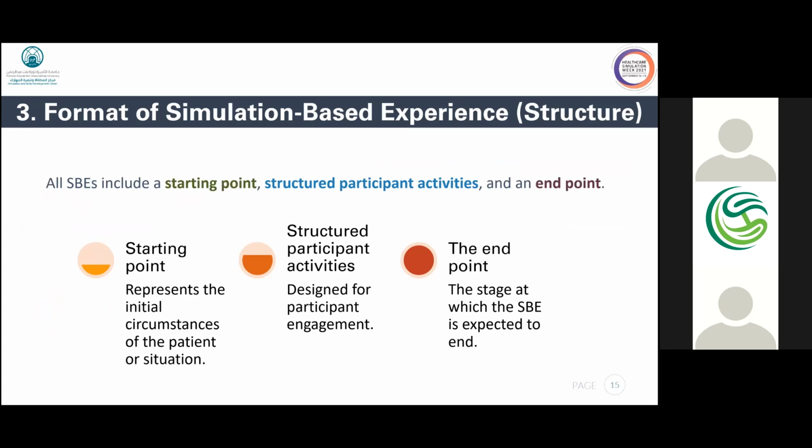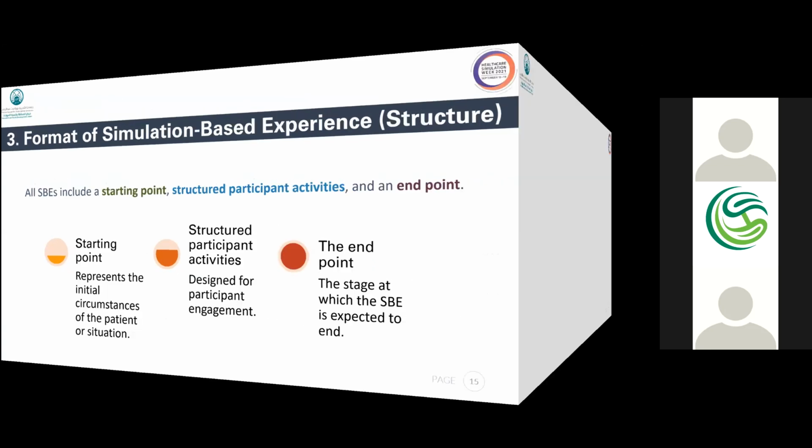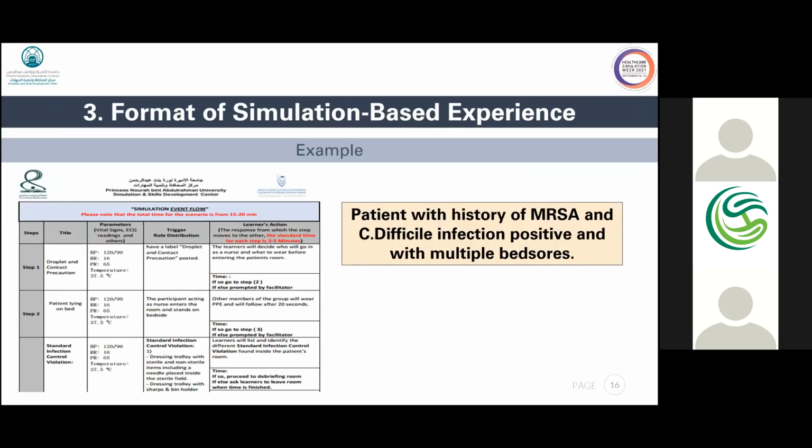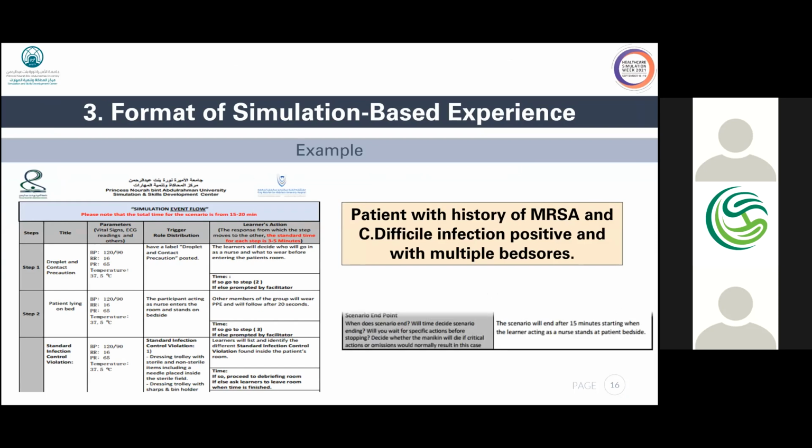If I'm having the scenario in front of me, this is an example of a scenario that we have, and I'm reviewing it in the committee, for example, I expect there is a step 1, step 2, and there is an endpoint for the scenario. I expect step 1 to show what is the critical action that should be done, or what is the learner action in this step.